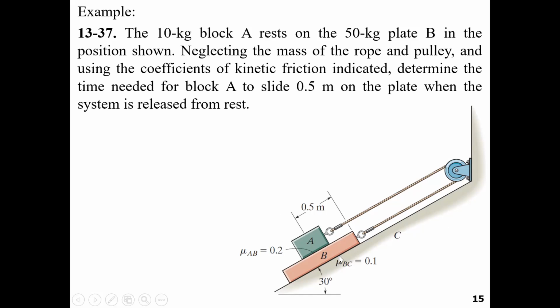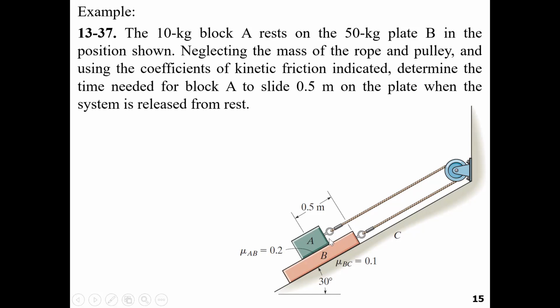The masses are given, the coefficient of frictions are given. By the way, these are the kinetic frictions because it's going to move. And the problem asks to determine the time needed for block A to slide 0.5 meter on the plate B when the system is released from rest.